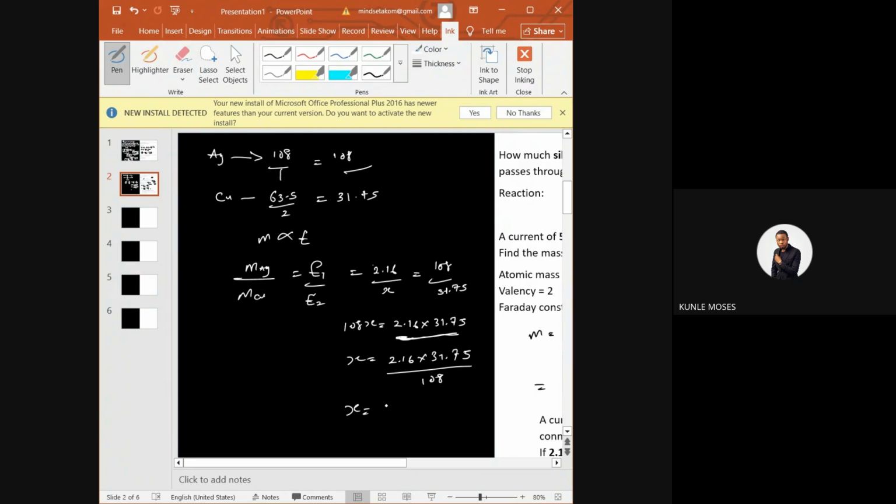So that will give you your X. Somebody help me with the calculation so that I can be sure you'll get the same thing. What was the value for X?